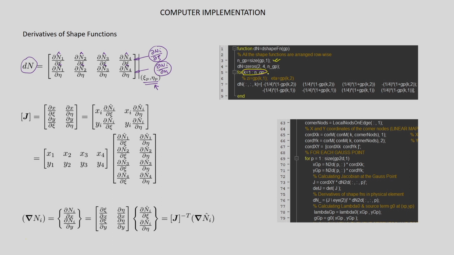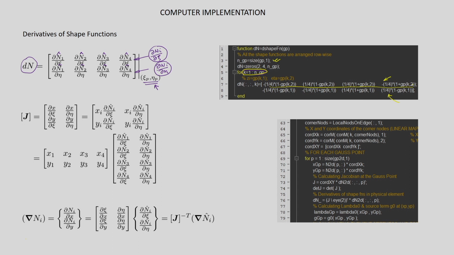We have run a loop over all the Gauss points, and at each Gauss point we have stored the derivatives of the shape functions with respect to xi in the first row and with respect to eta in the second row. So the matrix becomes of size 2 by 4, because there are 4 shape functions.